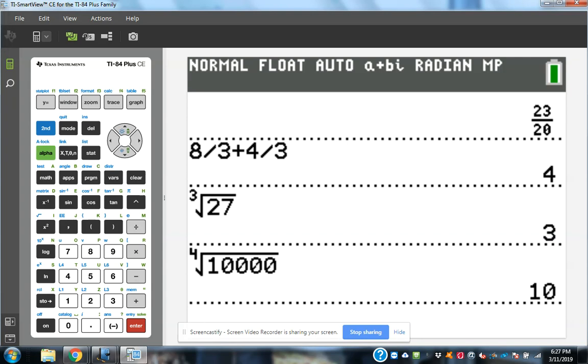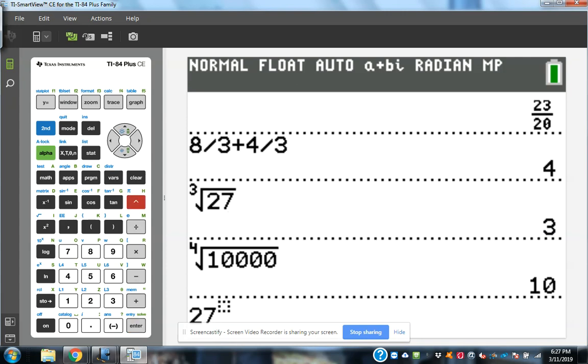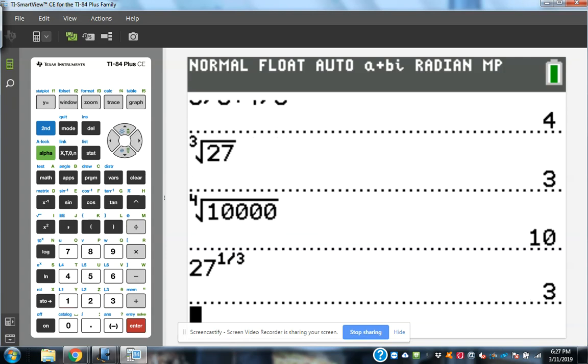I'm kind of lazy in the fact that I don't like hitting the math button and then having to find the right piece. So I just use the reciprocal exponent rule and just say, okay, 27 to the 1/3, because I can type that quicker.